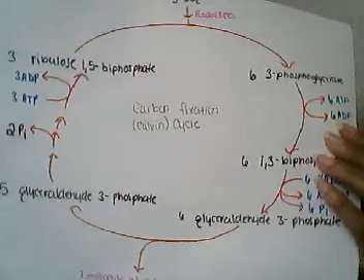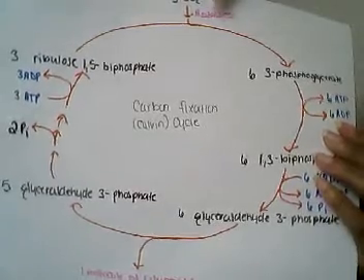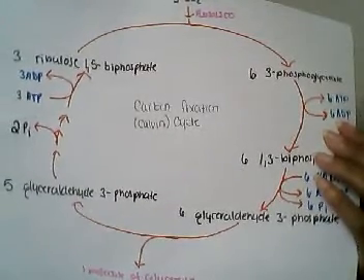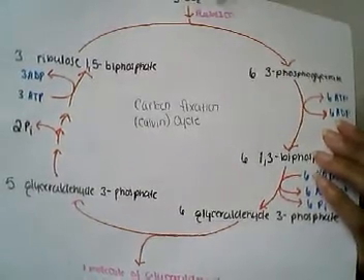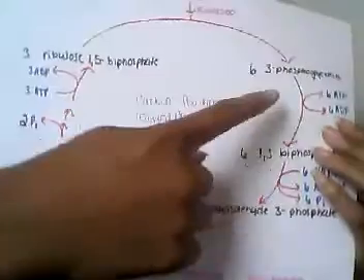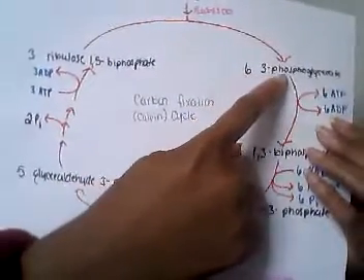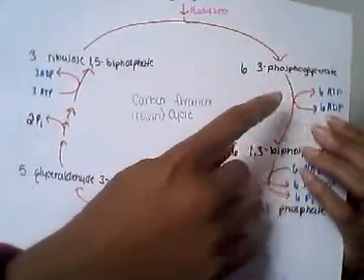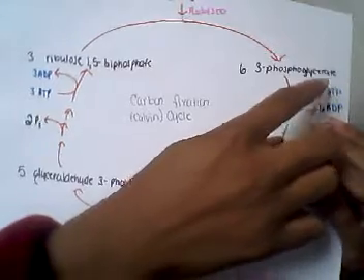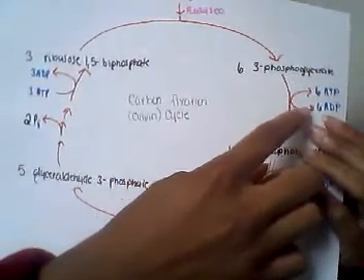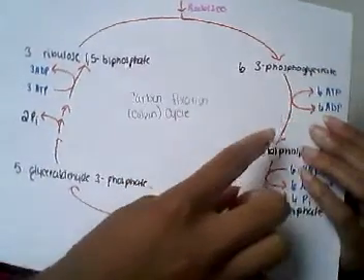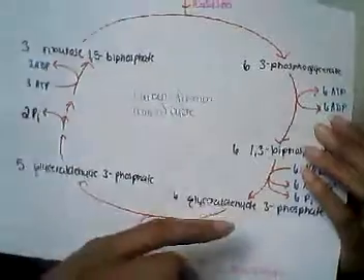And how it's fixed is through this enzyme called rubisco. So once the 3 molecules of carbon dioxide are fixed by rubisco, it turns into 3-phosphoglycerate here. And then 6 ATPs are consumed, and 6 ADP comes out.